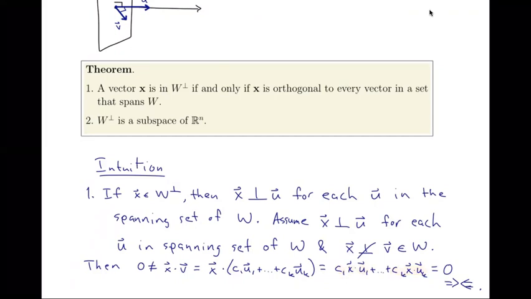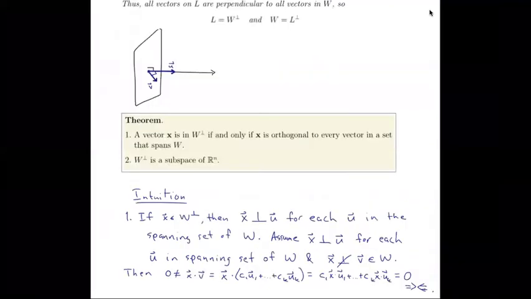But we know that X dotted with U1 is 0, all the way through X dotted with UK, because X is perpendicular to every one of these Ui vectors in the spanning set. That's what we assumed. So this has to be 0. But on the left-hand side, we have that it's not 0. So we have a contradiction. That means X must be perpendicular to every vector V in W if X is perpendicular to all the vectors in a spanning set of W.